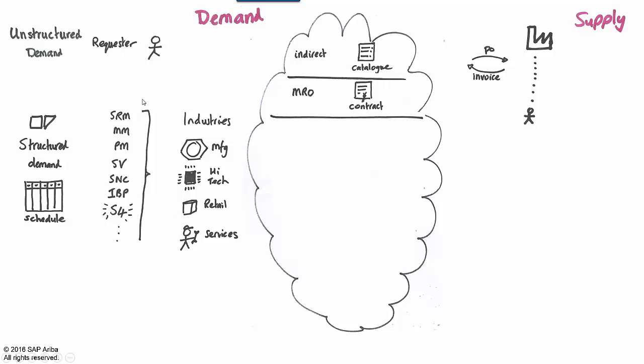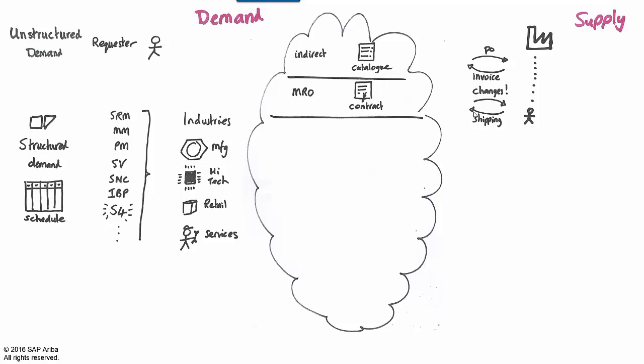But in industries such as oil and gas or mining, these are often raised from an asset maintenance record or a service request or even a reorder point. Note that the compliance document here is often a contract or a blanket order, as material masters may be stored somewhere else.